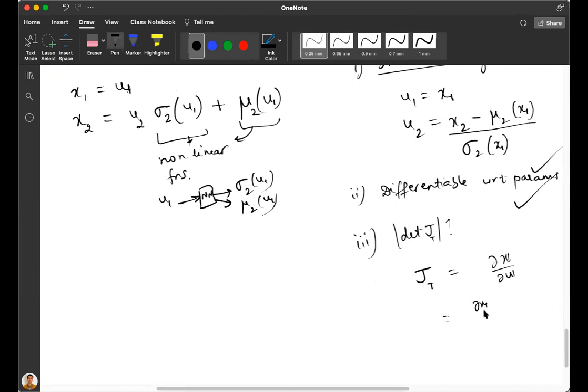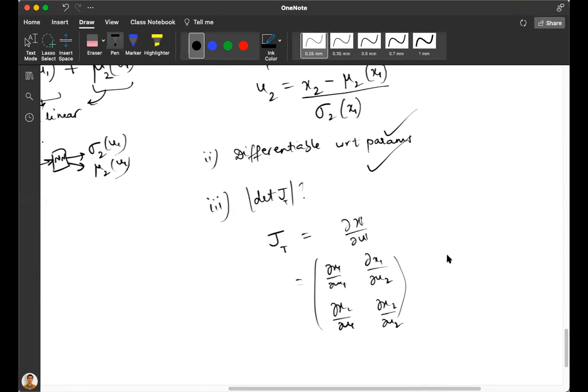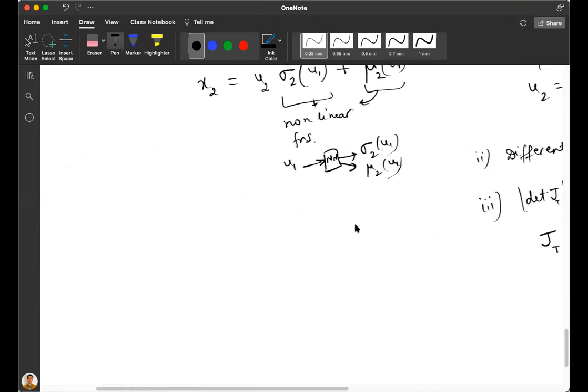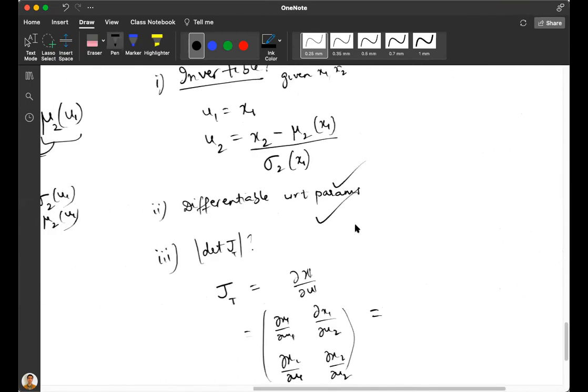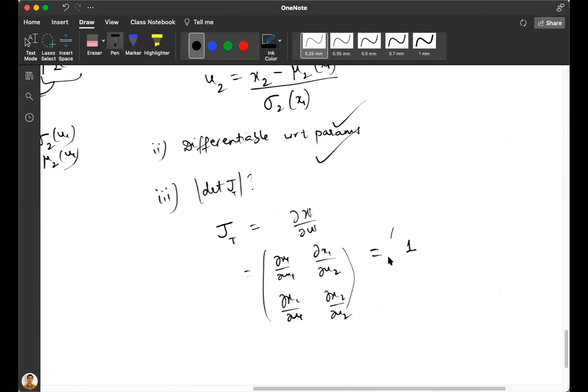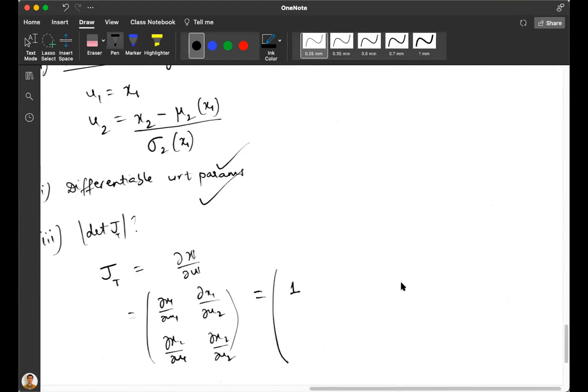So dou x1 upon dou u1, dou x1 upon dou u2, and dou x2 upon dou u1, dou x2 upon dou u2. What is dou x1 upon dou u1? 1. Very good. What is dou x1 upon dou u2? 0. Very good.